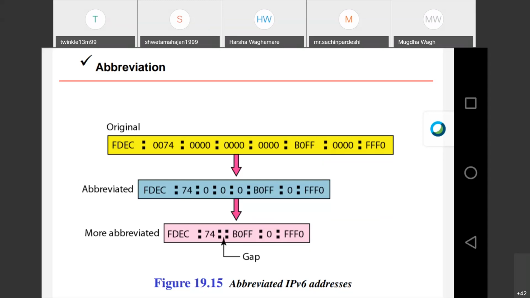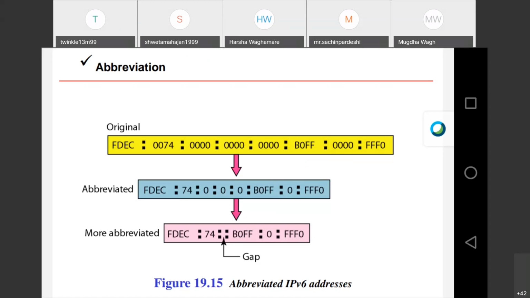So these two rules you have to remember. If there is a leading 0 that is not adding any value, we can drop it in abbreviation. Here the 3 leading zeros can be dropped. Again in B0FF, and in FFF0, we can drop leading zeros.